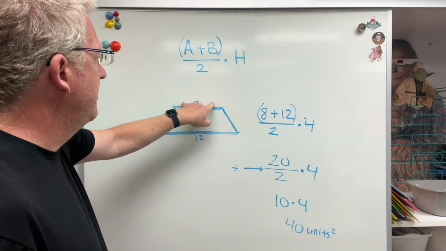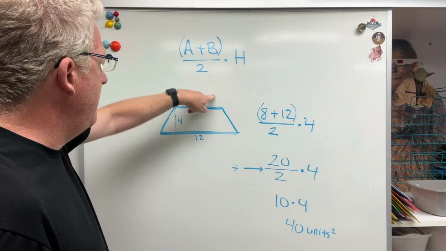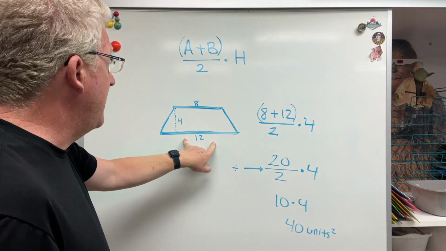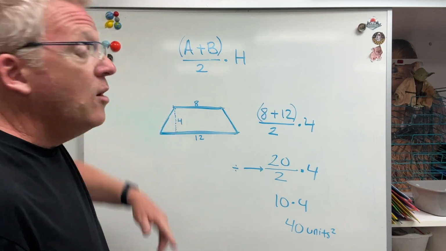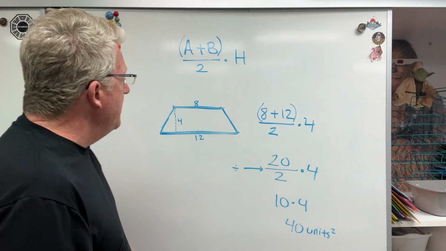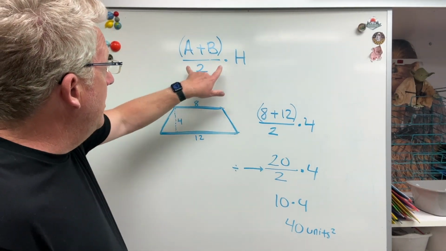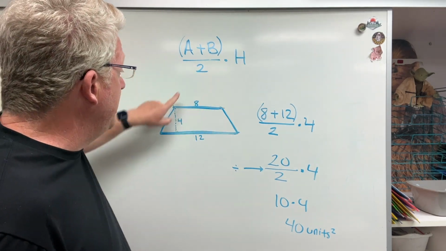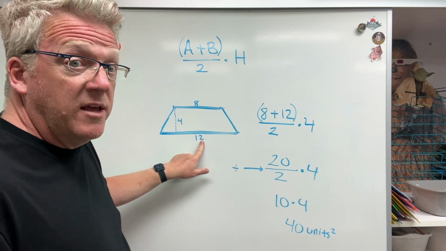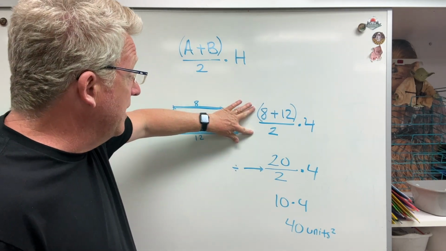Here's our base, the B. Here's the top, A plus B divided by 2 times the 4. When you are solving this on the quiz, I want to see you have this formula. I want to see you filling in the formula with these values that are here. I want it so that it'll look like this.